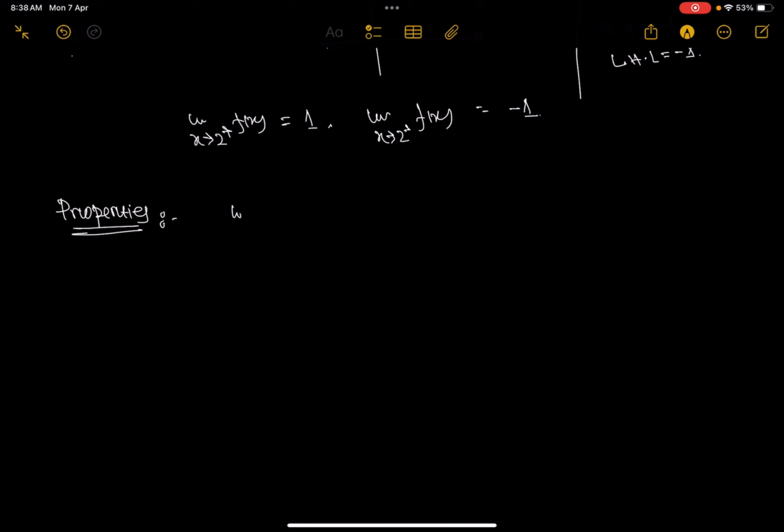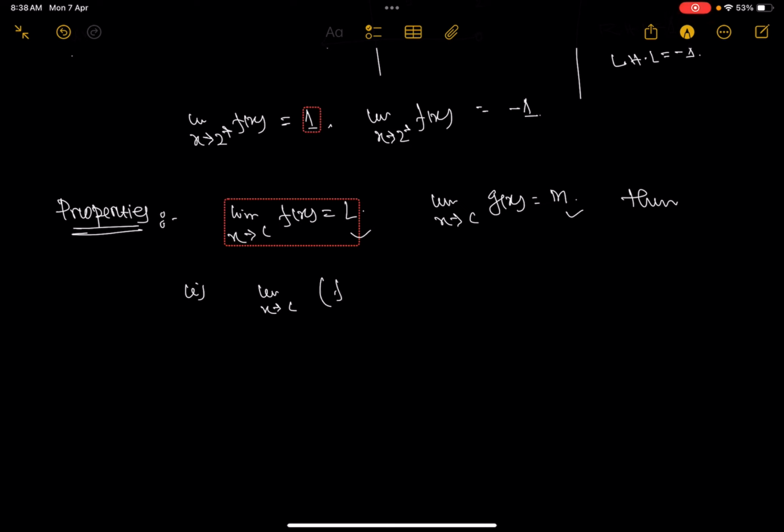If limit x tends to c, f of x equals L, and also limit x tends to c, g of x equals m, where L and m should be finite, then property number 1: limit x tends to c, f of x plus g of x, what is the value? The limit of the function value f plus g is the sum.